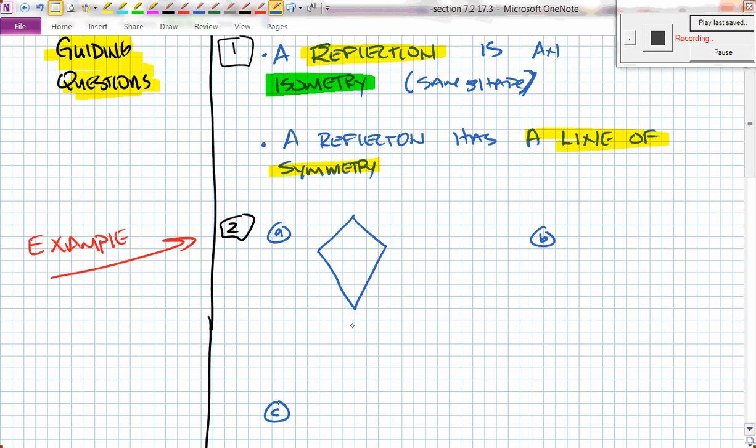Go ahead and draw in where you think the line of symmetry is on a kite. Yes, it's right down the middle. This is my line of symmetry, my reflection line. Each part is the same distance on either side of the line of symmetry.